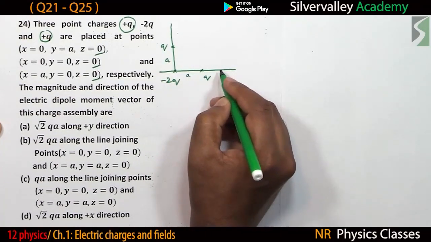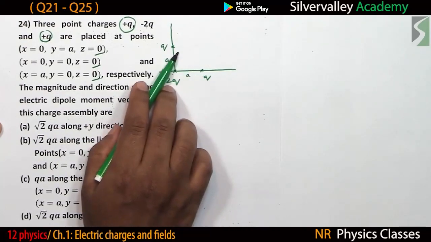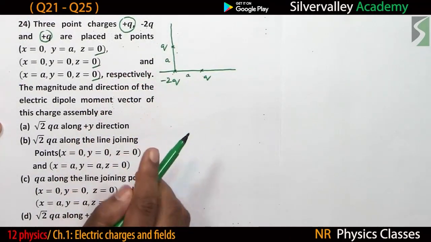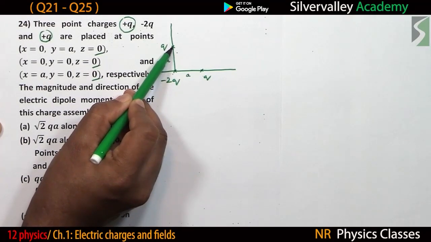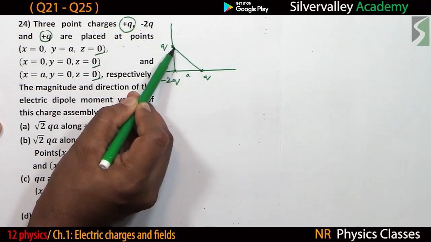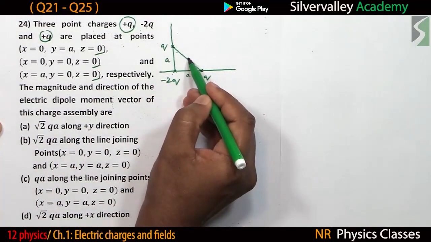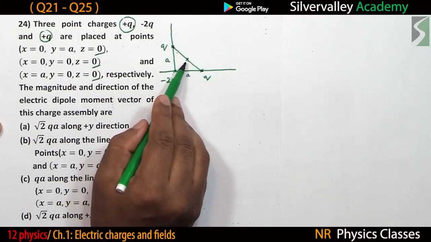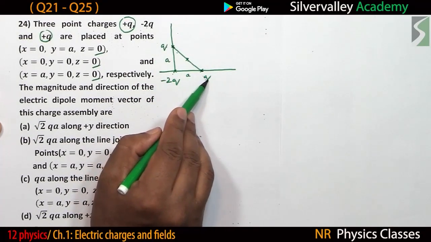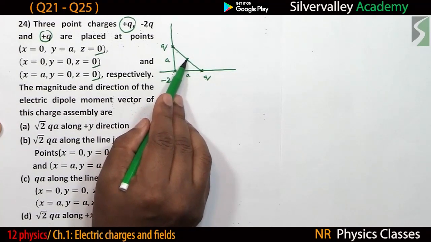Charge is q. Observe, there are 3 charges. Dipole moment means there should be 2 charges. Find out the center of charge of these two. So join these two lines. The center of these two is at this point. This is called the center of charge, where the total charge is assumed to be concentrated.